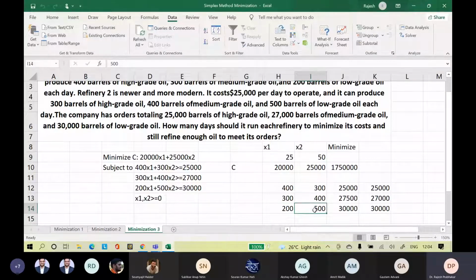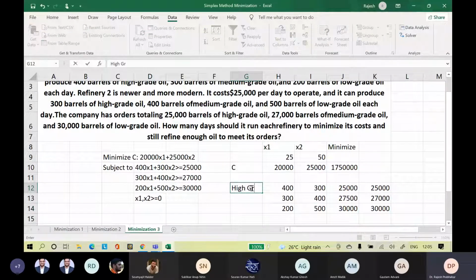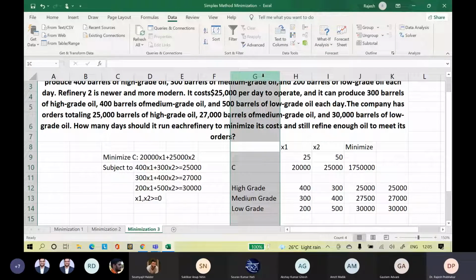Refinery 1 can produce a maximum of 400 high grade barrels, 300 medium grade, 200 low grade barrels. Refinery 2 can manufacture 300 high grade, 400 medium grade, 500 low grade barrels. This is the oil that each of them can produce.